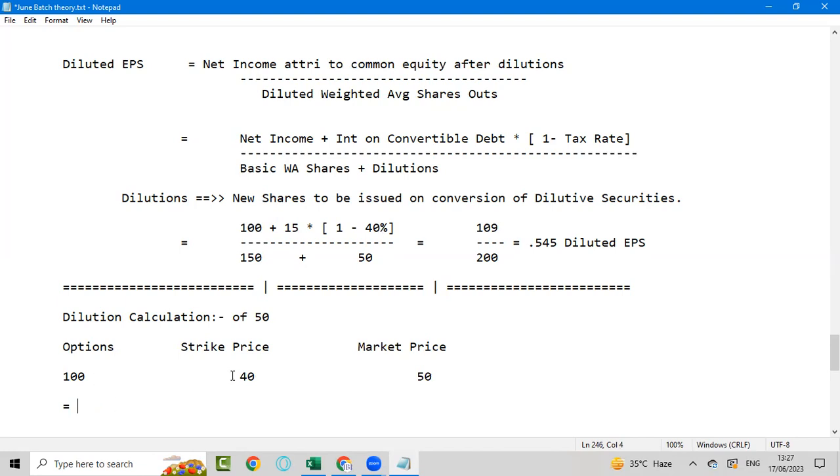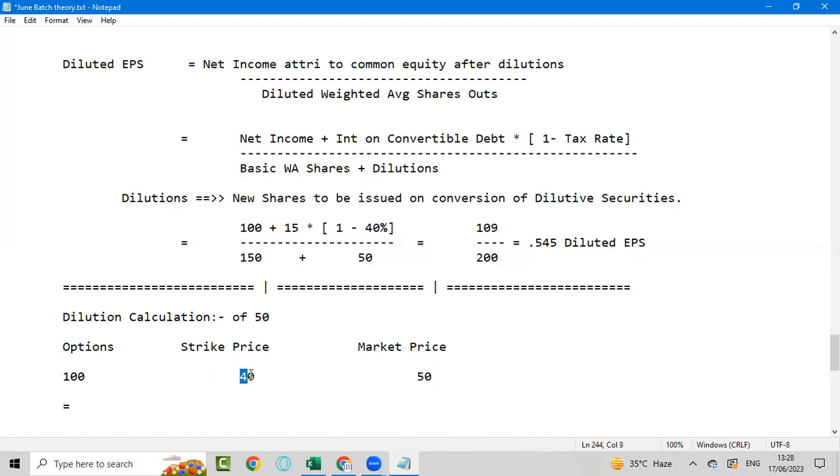Now, what is the strike price? The price at which these options will be converted into shares is called strike price or exercise price. This strike price should be less than market price. Only then options will be converted.